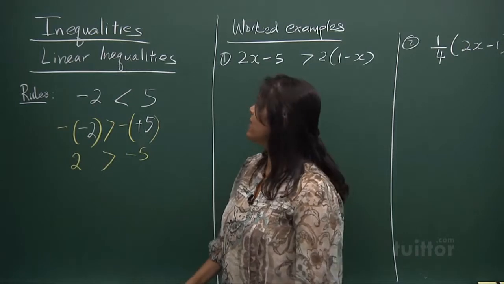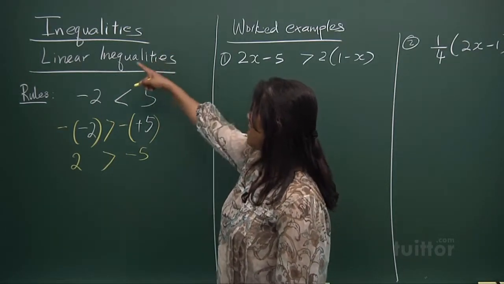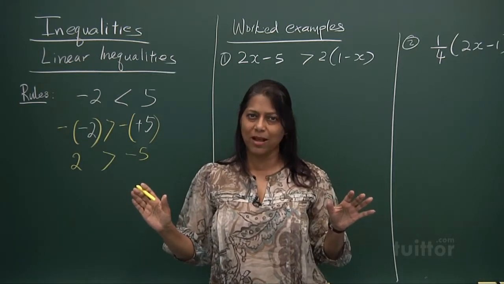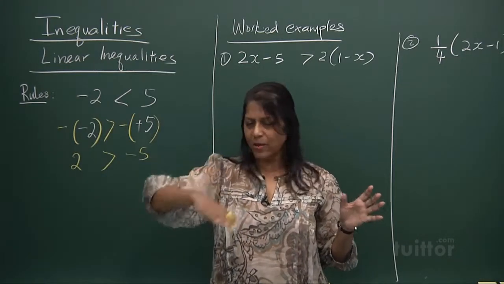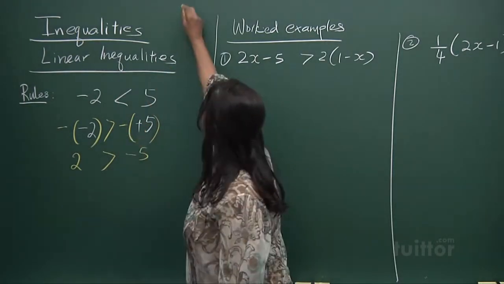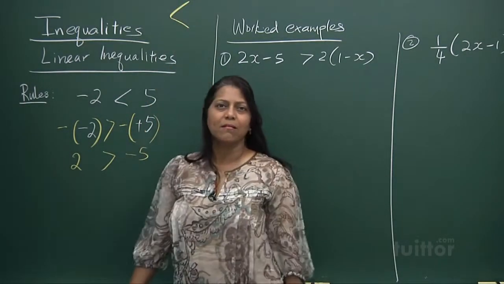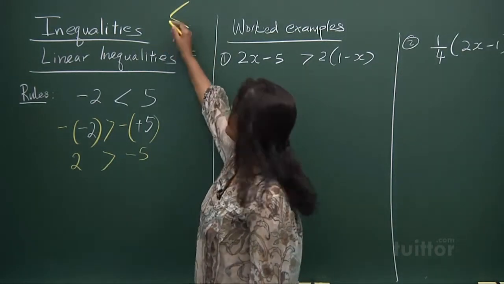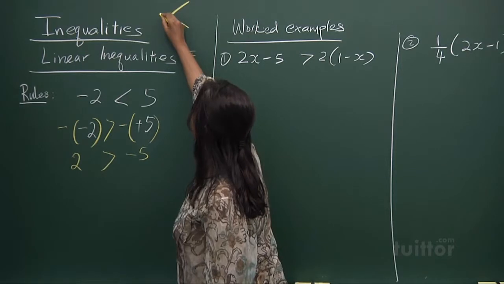Now, how do you recognize inequalities? We talk about linear inequalities, meaning a straight line. Quadratic and other inequalities are curves and bends. Now, when we look at this, equal is like this. This is the small n, small.